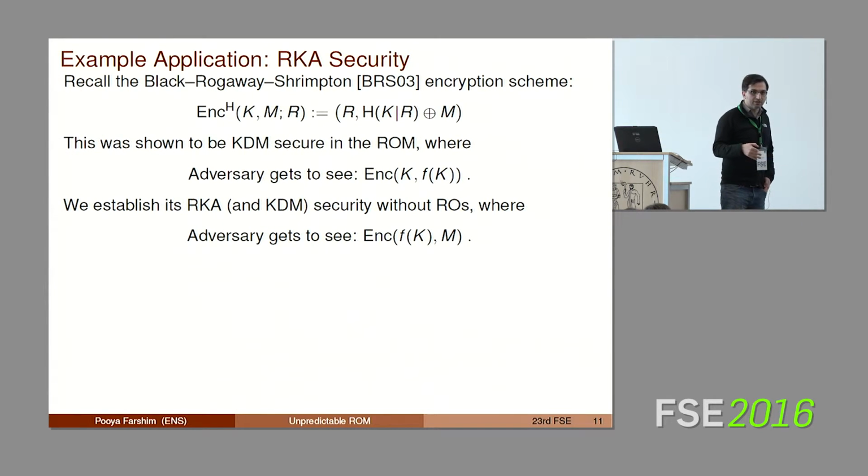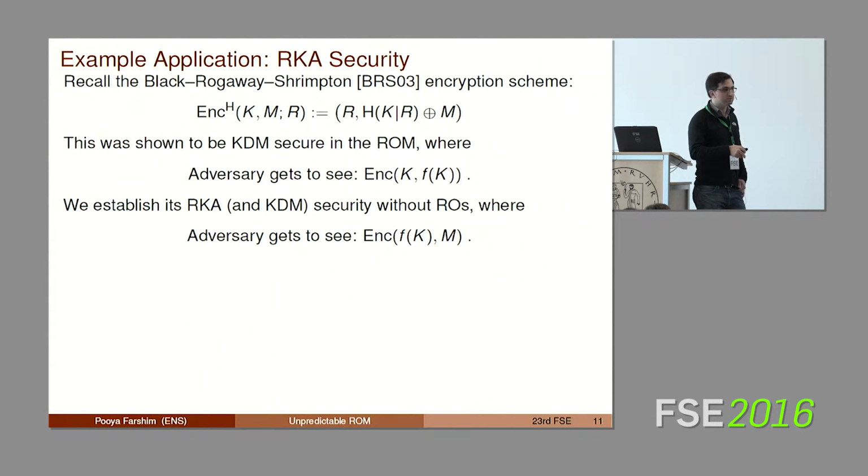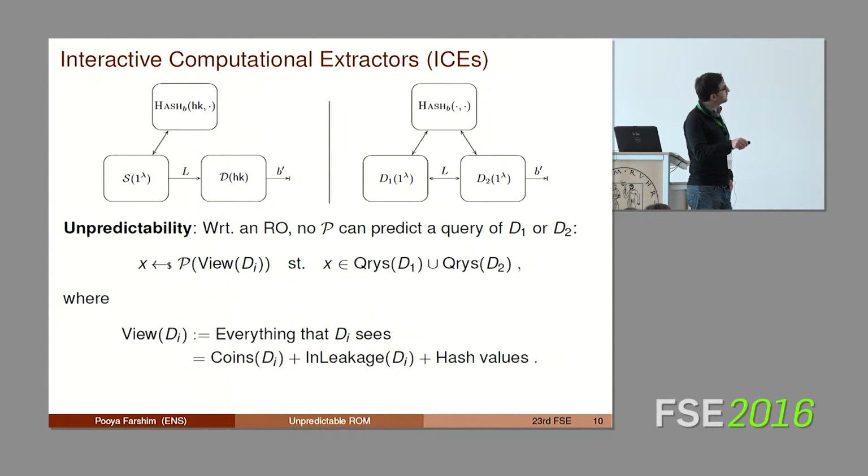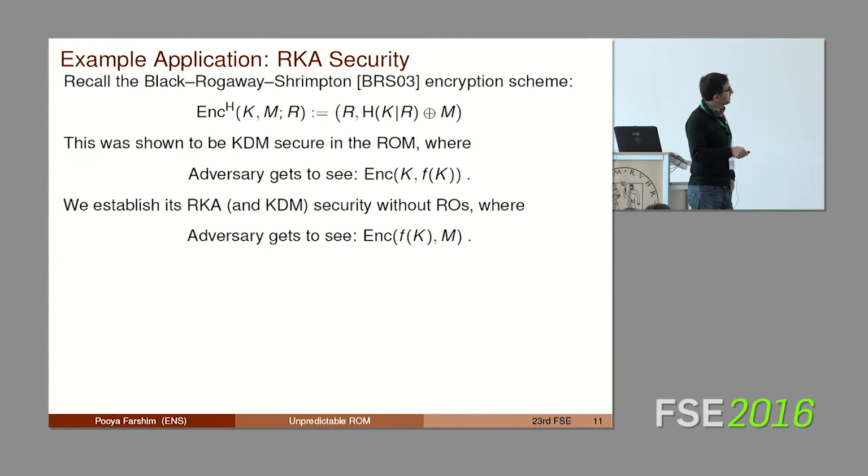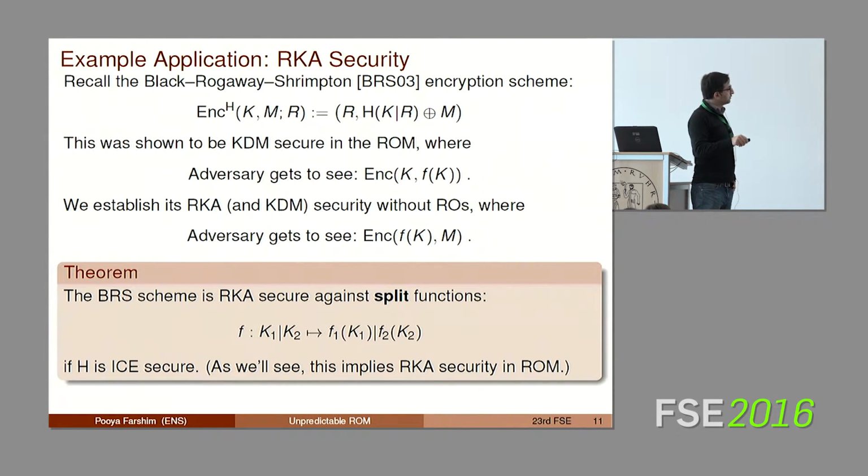So here, we establish its RKA, that's related key attack, and KDM security without random oracles. That is using ICEs. By the way, I should have said earlier that we call these interactive computational extractors, because somehow these two adversaries interact with each other. So in the RKA game, the adversary gets to see encryptions of messages of its choice under related keys, under keys which are derived with some functions f, and hence those keys could be related.